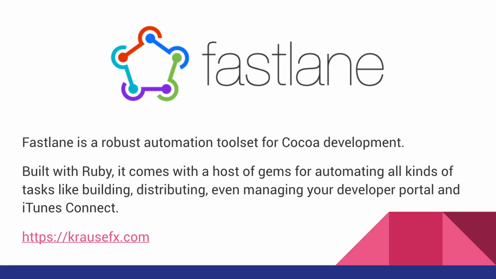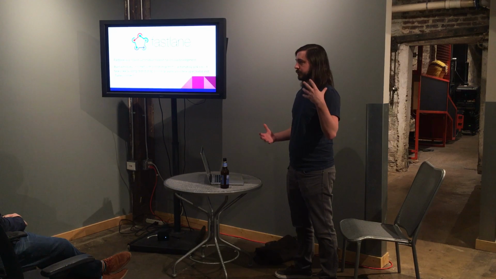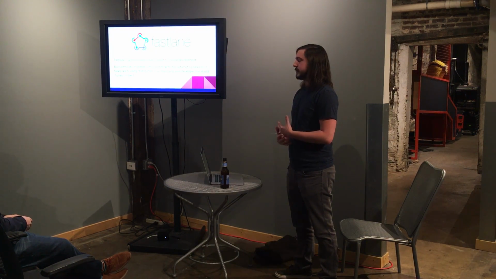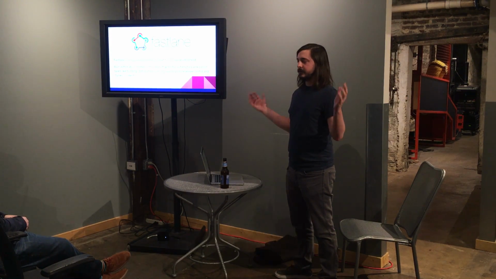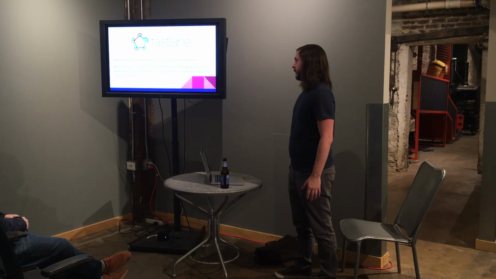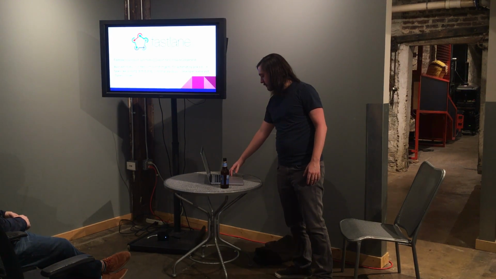Fastlane is a tool set of many different tools. They're all Ruby gems, and they basically work together to build whatever process you want. And it can basically do anything you would want to do: build, test, distribute, message on Slack, all kinds of stuff. We'll look at some of those more specific tools.